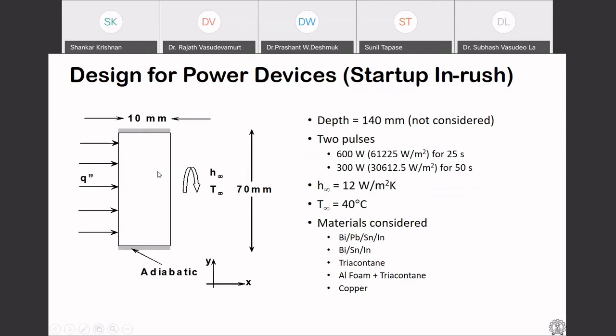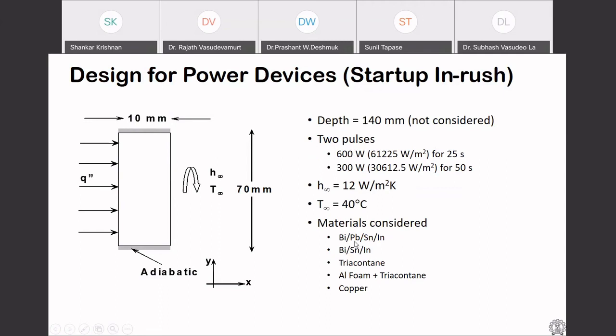So the goal was to see if we can reduce that 10 millimeter thickness, and instead use a solid-liquid phase change material. So we looked at different materials: bismuth, lead, tin, indium, eutectic alloy. Even though there are different materials, it melts at a constant temperature.